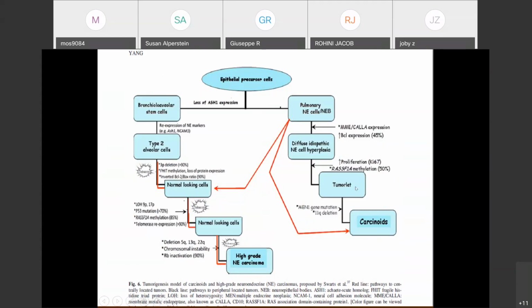A different kind of expression, everything from hyperplasia to tumor to carcinoid. Then from tobacco, you have high-grade neuroendocrine carcinoma. It's 2 different animals.